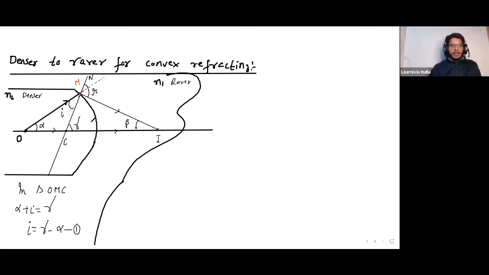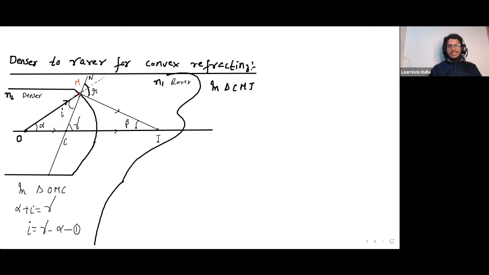Similarly, I need another relation, that is CMI. In this triangle CMI, which one is the exterior angle? Exterior angle is the angle which is between the extended side. This is the extended side and this is the side. This angle would be the exterior, not this one.